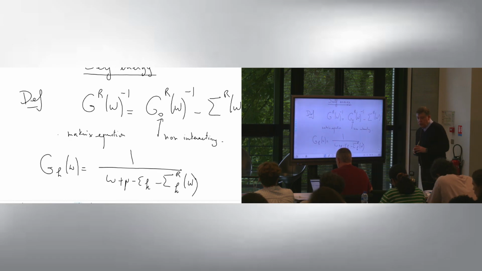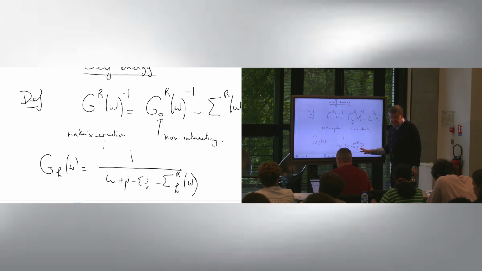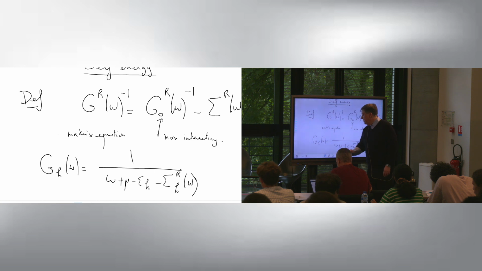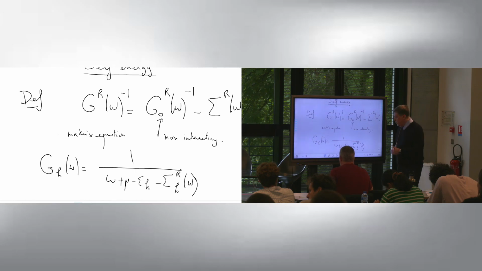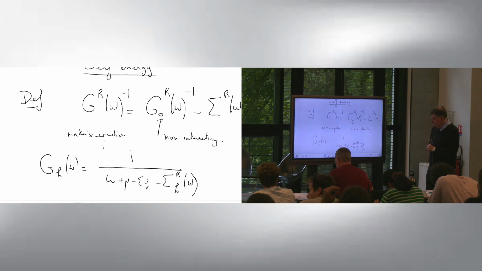So when we look at DMFT, we are going to make approximations for the self-energy, which will be a central quantity, and of course then we'll look at it in the Green function. And it's very important in many of the calculations to look at both quantities, as we will see later in the lecture.